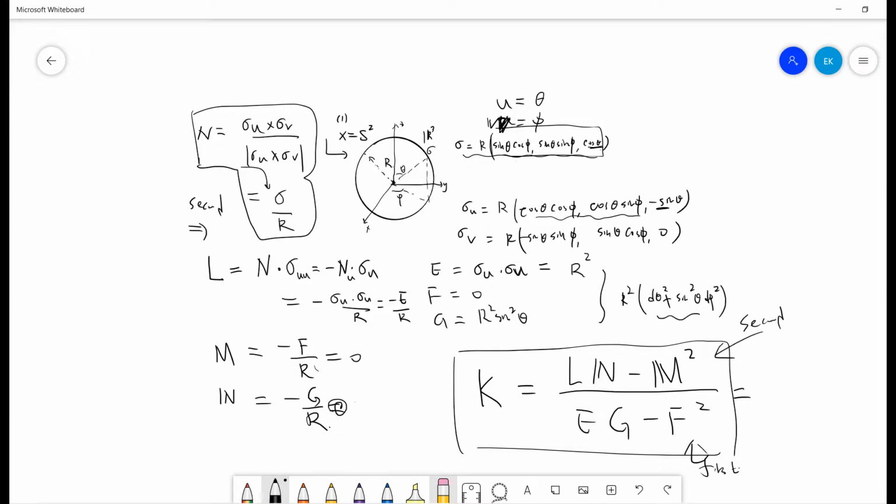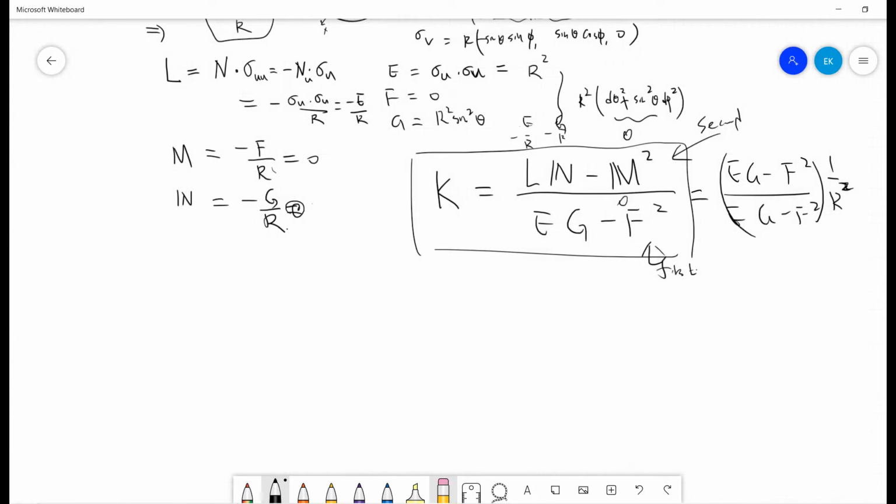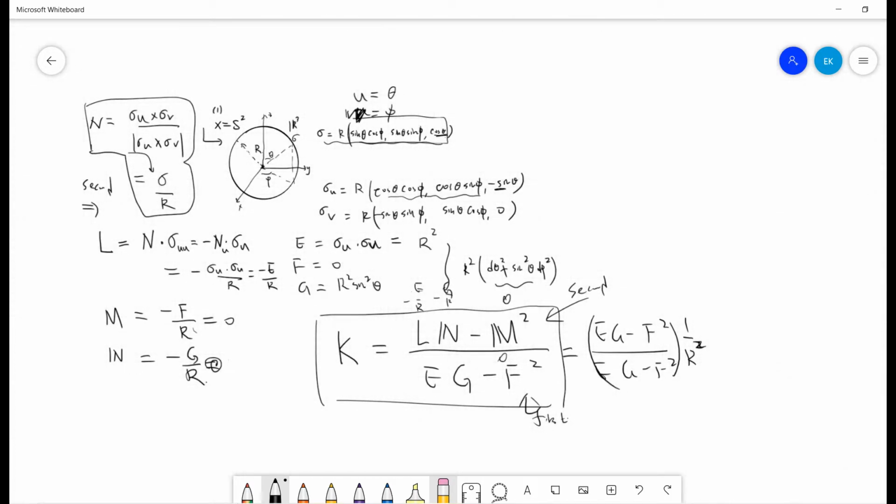They are exactly the same up to a factor: L is minus E over r, N is minus G over r, and M is 0, F is 0, so it's EG divided by EG, but with a 1 over r squared factor. So you don't have to compute E, F, G; you can already get K is 1 over r squared. This is the first result.